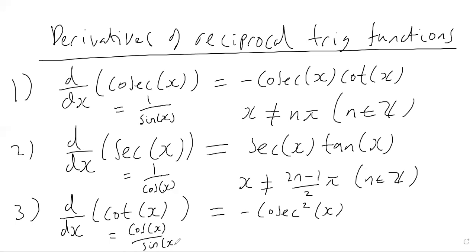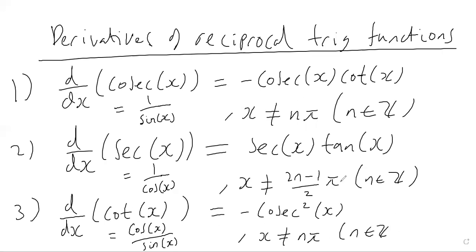So this function is clearly not defined when sine of x equals 0, because you're going to get a number divided by 0, which is undefined. And we know that sine of x equals 0 at the n pi points. So our domain for this cot function is just going to be x in the real numbers apart from n pi, where n is any integer.